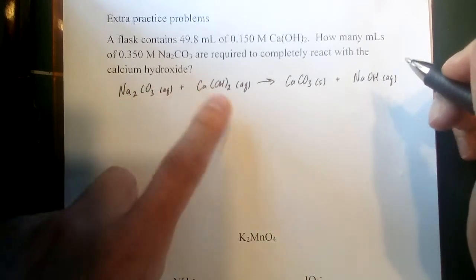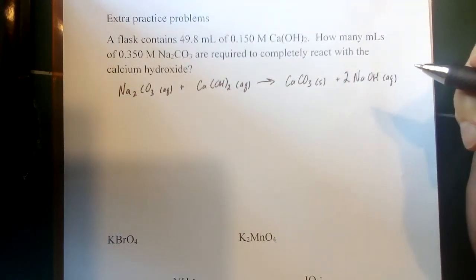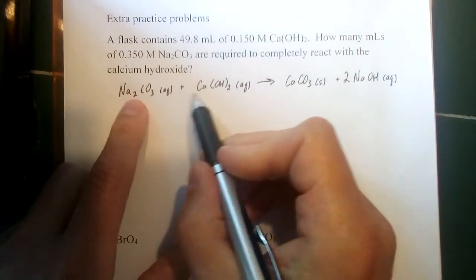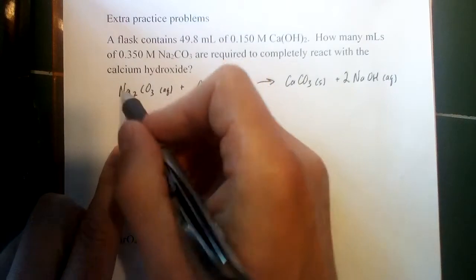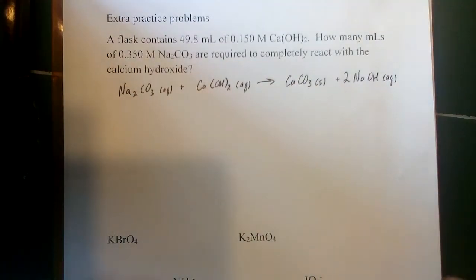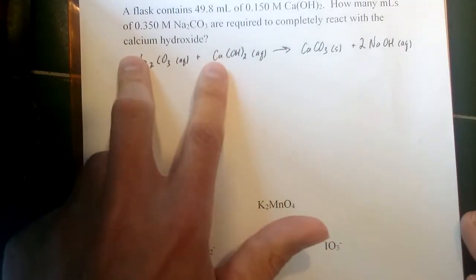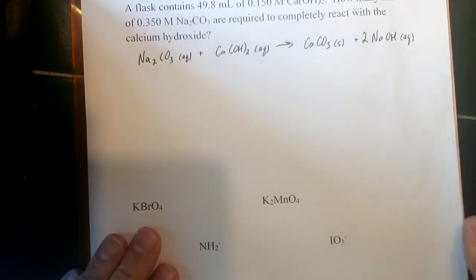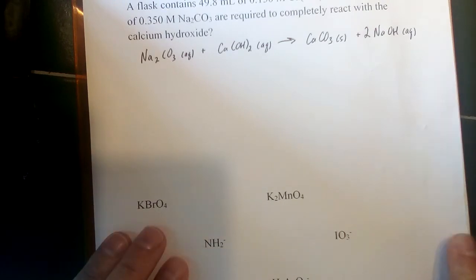Now, because there's 2 sodiums and 2 hydroxides, there would be a 2 right here. Now, what that means is the ratio of the reactants, which is what we have up here, the 2 reactants, is 1:1. So that's necessary for us to do our calculation, but 1:1 is not going to change our math as we work through that calculation.